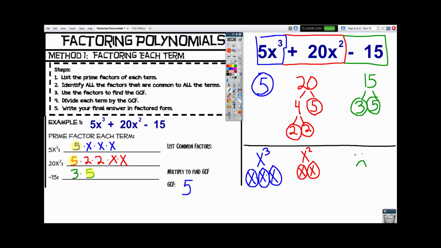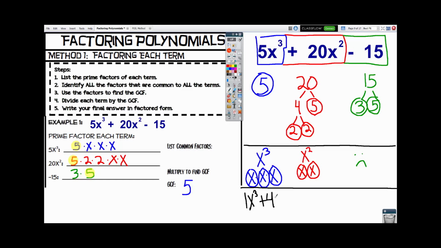Okay? So now let's divide each term by the greatest common factor. 5 divided by 5 would just be 1. And then because we didn't do anything with the variable, it's going to be x to the power of 3 plus 20 divided by 5, just be 4.